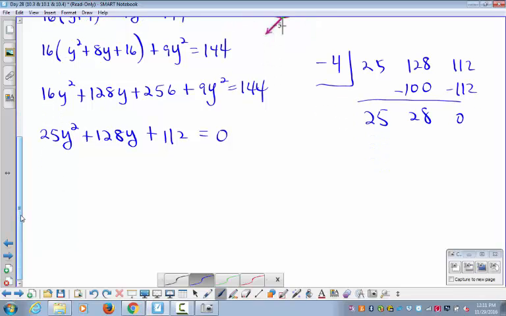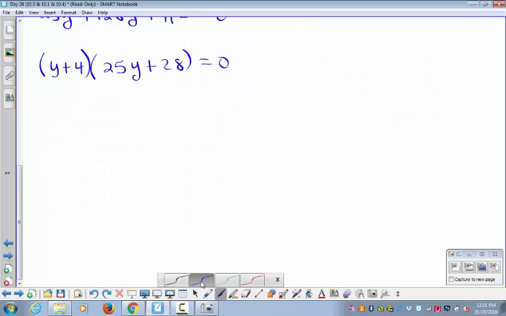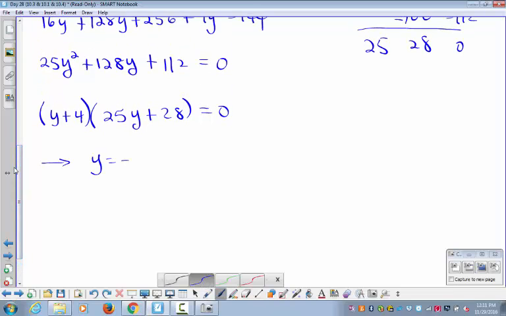This tells us that -4 is definitely a 0, so y plus 4 is a factor. We could factor this into y plus 4 and 25y plus 28 equals 0. So our two y values are -4 and y equals -28/25.